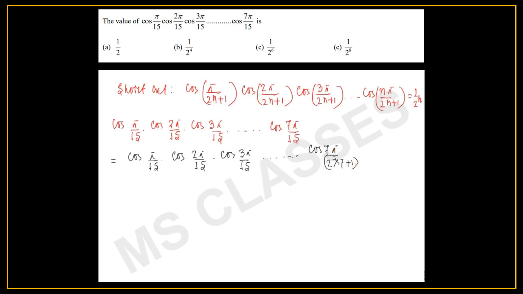And here according to the shortcut we can write 2 to the power of 7. So we can get the result very quickly if we have this shortcut in our mind.